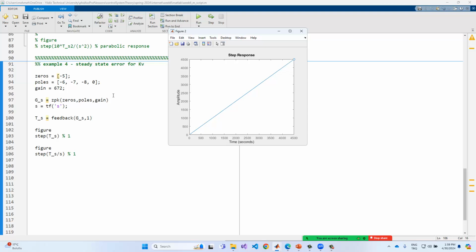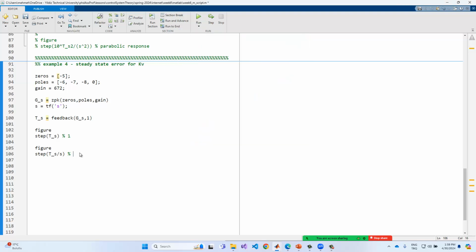But if we apply the ramp or the T signal in here, just like this one, we have always a difference between this step signal and the ramp one.